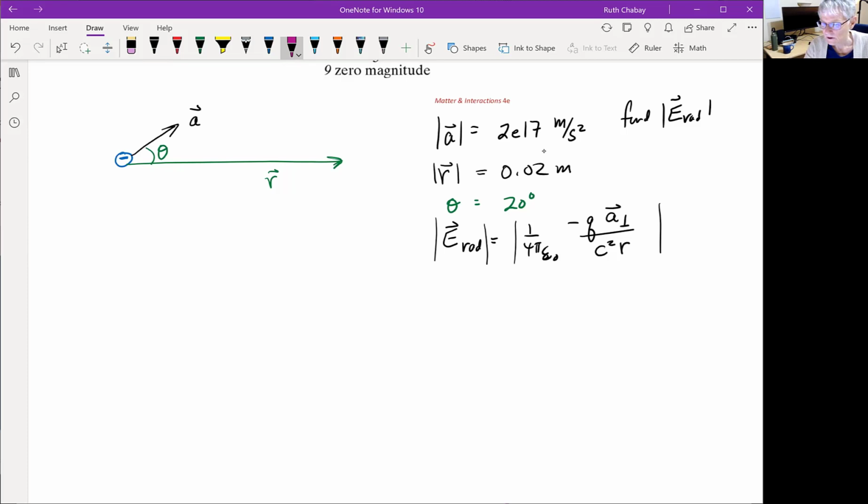So the first thing we have to do is find A perpendicular. So here's our line perpendicular to R. And so the component of A perpendicular to R is going to look like that. Or we can draw it that way.